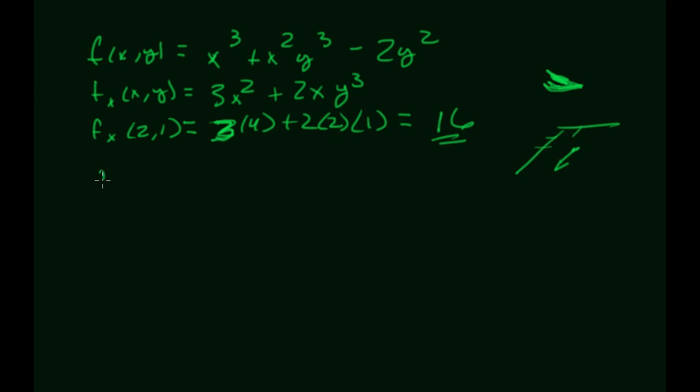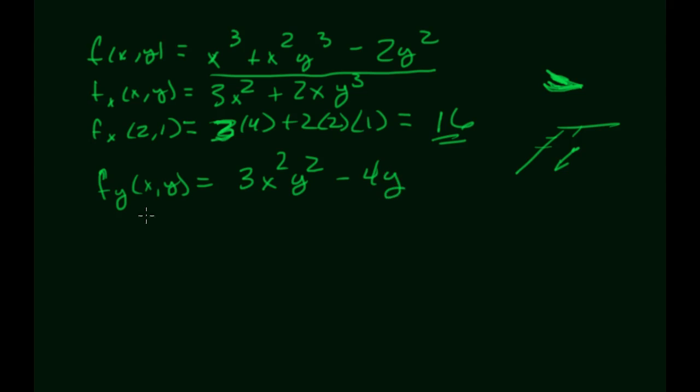Okay, so let's say that I take the same thing, but now I'm going to take the derivative with respect to y. So I'm looking at the original function, and I take the derivative with respect to y. That's a constant, so that goes to 0. This is going to give me 3x squared y squared minus 4y.